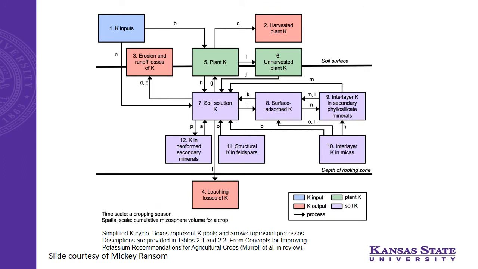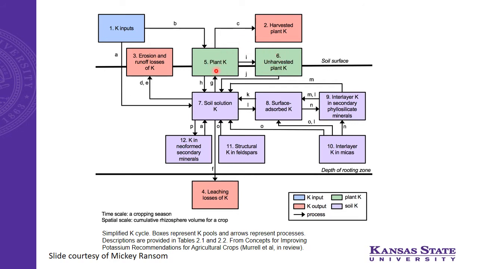They haven't had a graphic designer go through this, obviously, but we still have the soil solution potassium at the center. And then from that soil solution, we have potassium that is in plants in the green, or unharvested plants also in green.